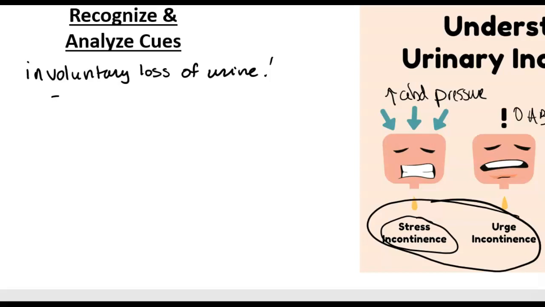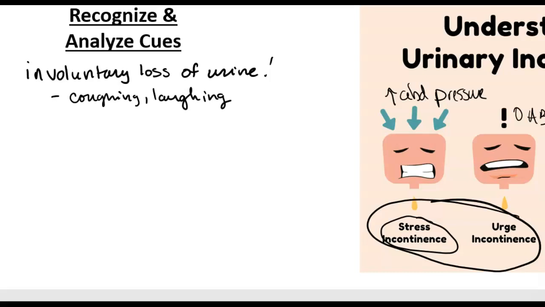For stress, because of the intra-abdominal pressure, it often happens when we increase intra-abdominal pressure, coughing, laughing. So that would be stress. Overflow, small frequent urination, and urge incontinence, the person constantly has to go.